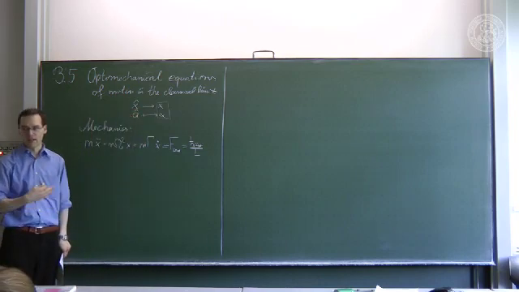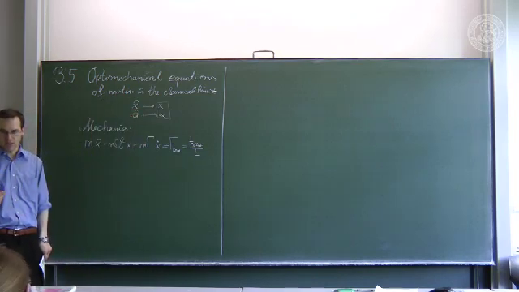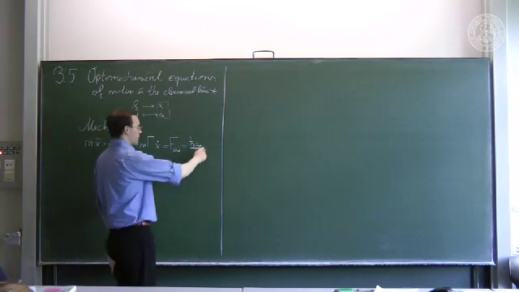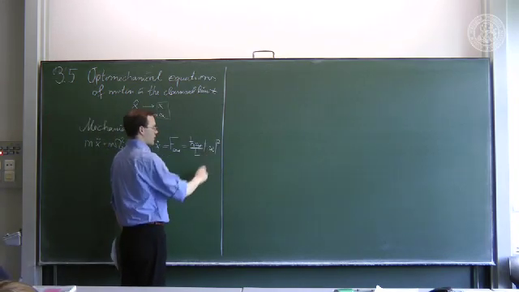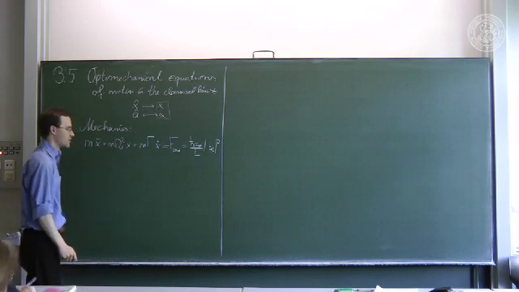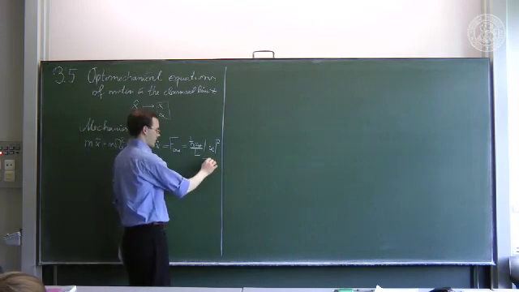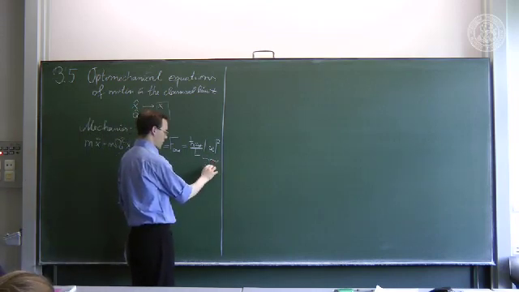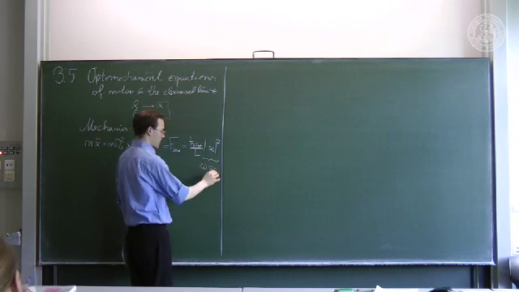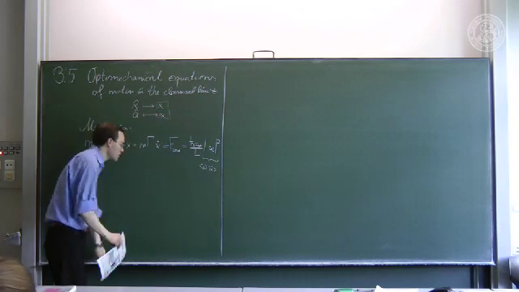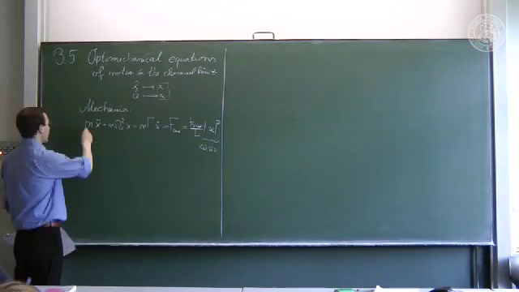And now if you are in a highly excited state with a large complex amplitude alpha, then you can replace a dagger a simply by alpha squared. Okay, so this is the mechanics.